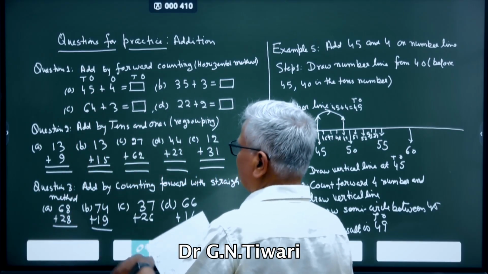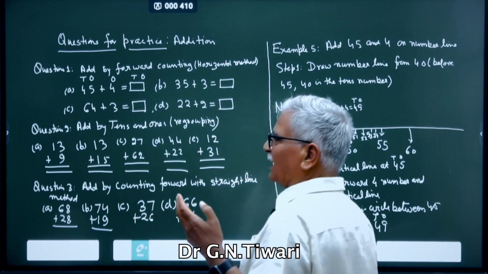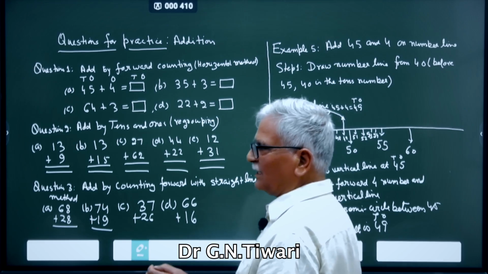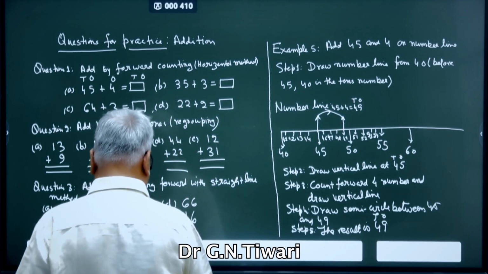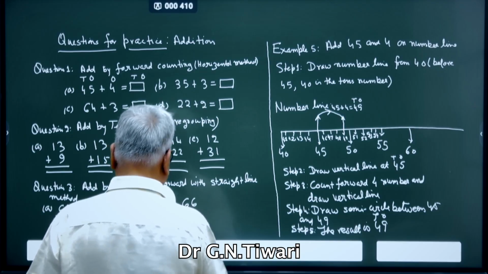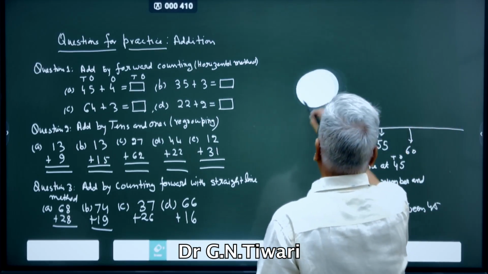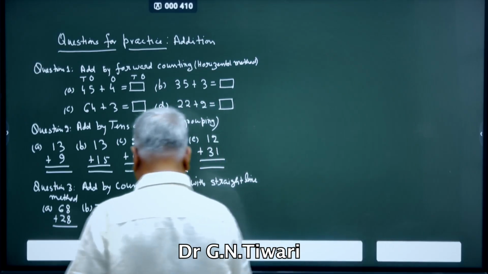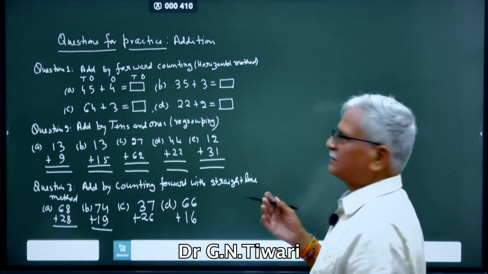I will give you a hint. Basically I have told you the methods: forward counting by square, forward counting by straight line, and the number line. So first, you should know what the four methods are. Just see.